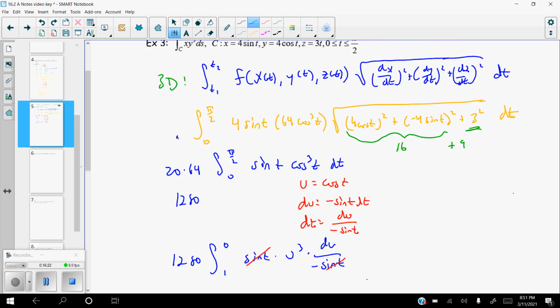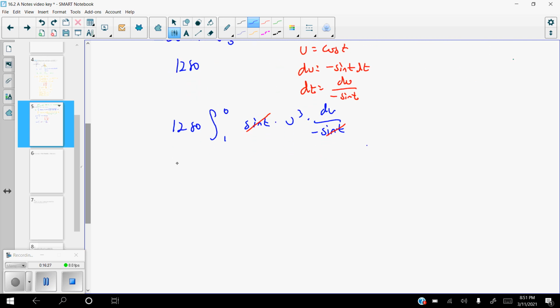Oh, geez, every time I touch the screen with my palm, it moves. So we get 1280 integral from 0 to 1 of u cubed du. So that's just going to be 1280 times 1/4 u to the 4th from 0 to 1.